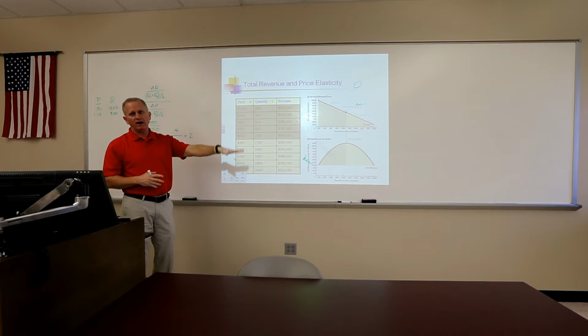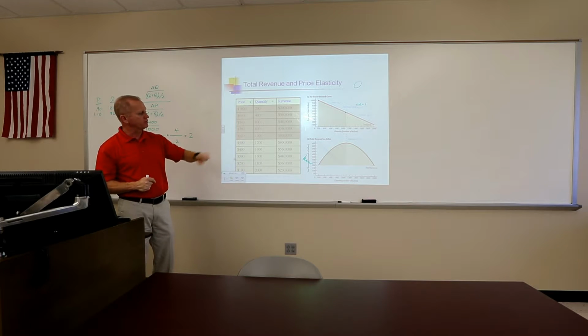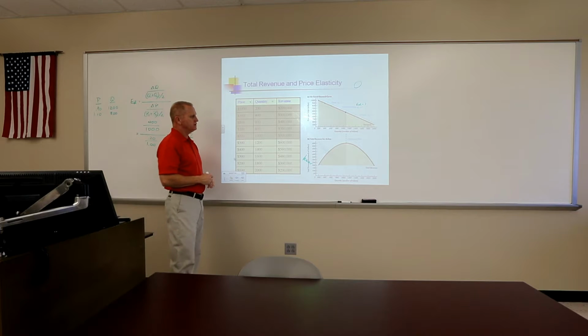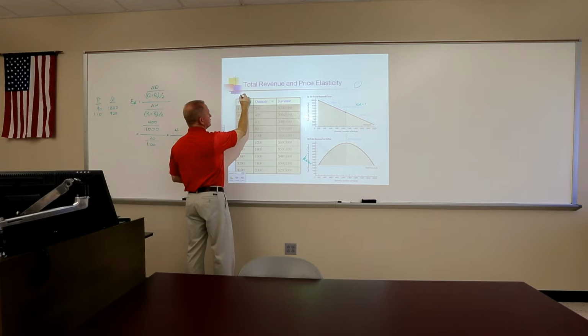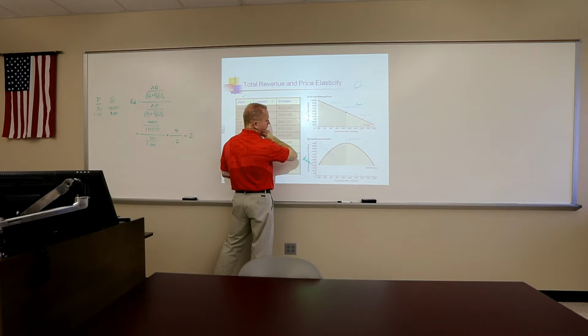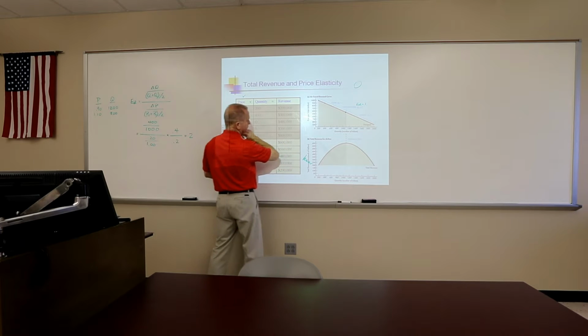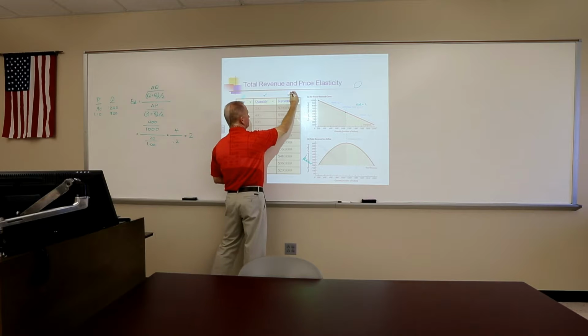Then the one on the bottom is a different looking curve. We haven't done this. And what that curve represents is the graphing of the price, this column, and the total, actually, I'm sorry, it's the quantity and the total revenue.